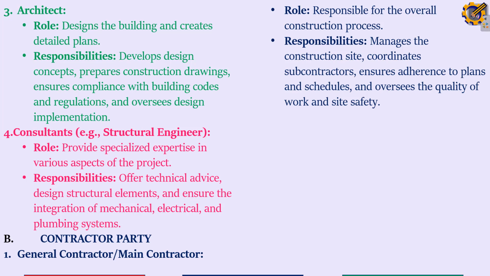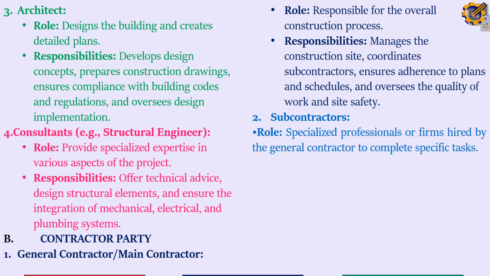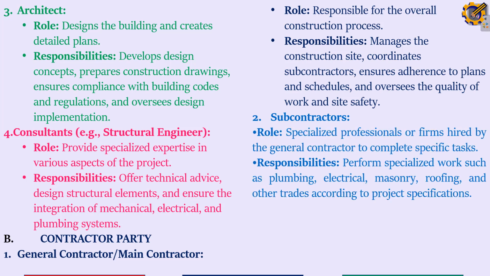All right. So we have the subcontractors, these specialized professionals often hired by the general contractor to complete specific tasks. They perform specialized work such as plumbing, electrical, masonry, roofing, and other trades according to project specification.